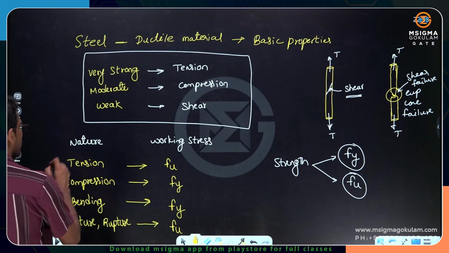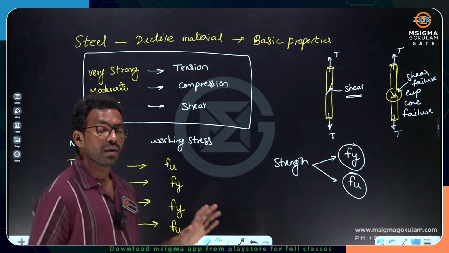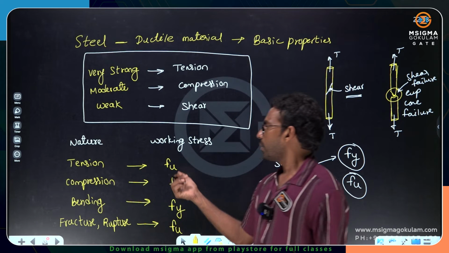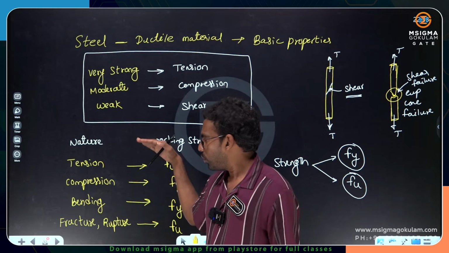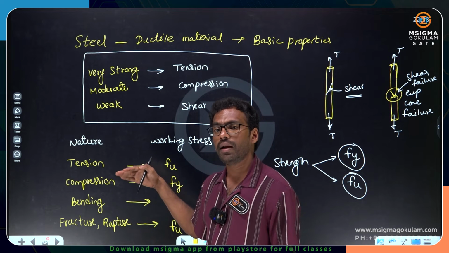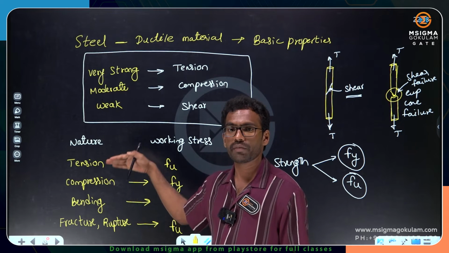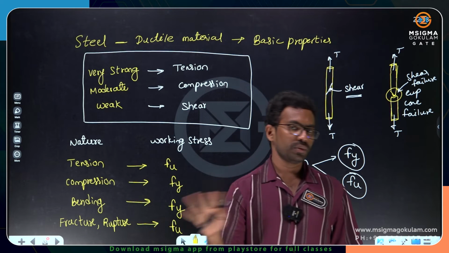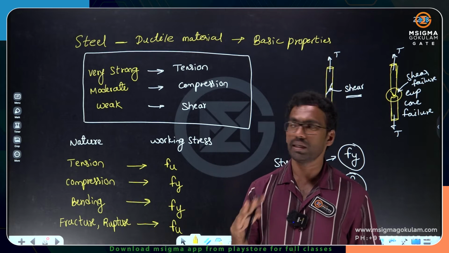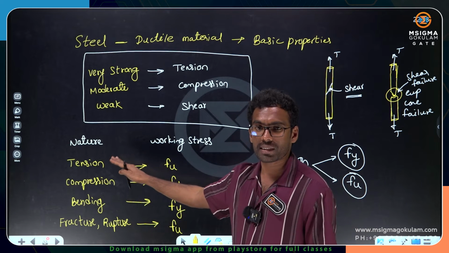Please make a note of this, very, very important. If you really understand these four things, what stress to be taken in what circumstance, you are going to write the formula on your own. Any kind of formula you can write on your own.